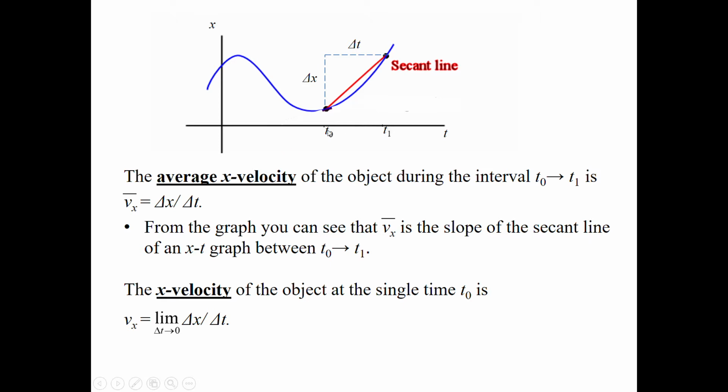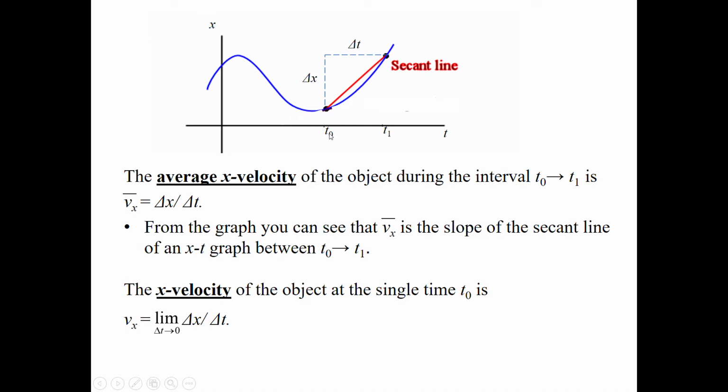In other words, instead of going from t0 to a much later time, t1, I go from t0 to a really close time, t1. And that's what this symbol is here. If you've never taken calculus, you may not know this symbol. It's called a limit symbol, but it just means see what the trend is. In other words, see what the limiting behavior is of this ratio as you let delta t get smaller and smaller. So in other words, you have some time in mind that you're interested in.